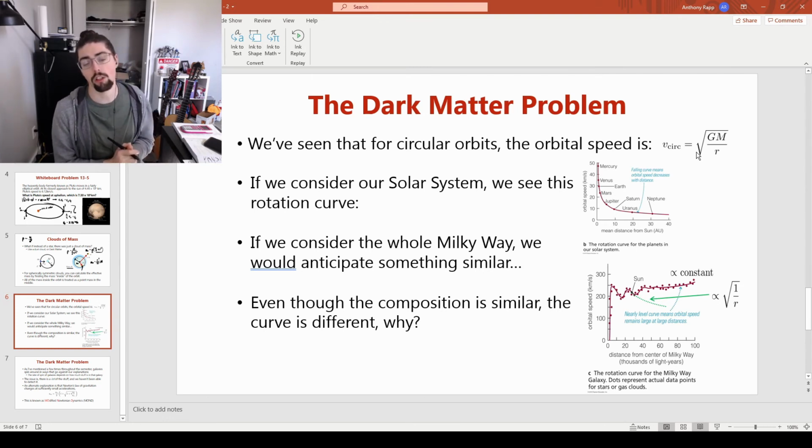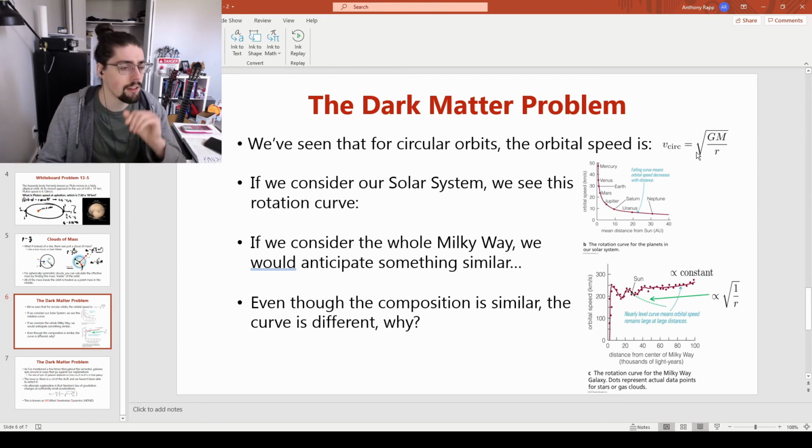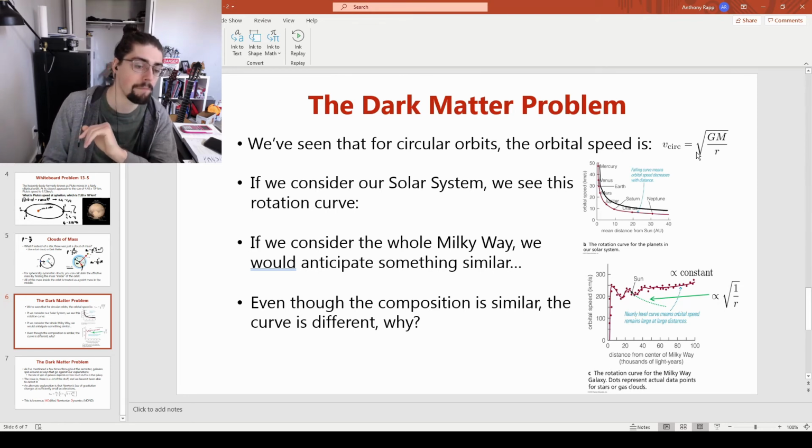If we were to look at the Milky Way, the whole galaxy, a galactic scale, what we start to notice is that the orbital speed doesn't actually scale like what we expect it to. That is, we expected the orbital speed to make this shape right here, because that's what makes sense.